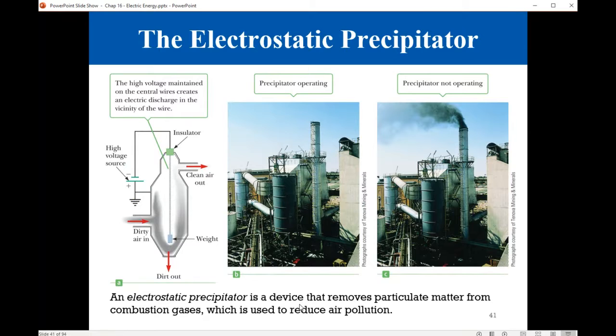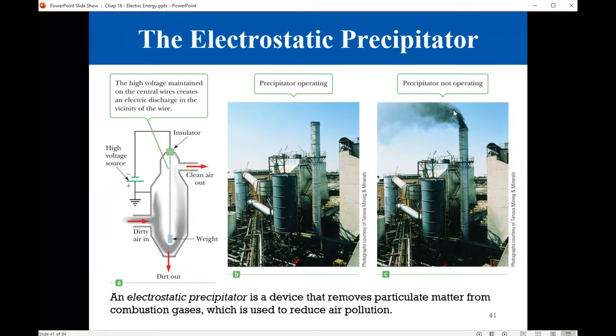One nice application of what we learned is the electrostatic precipitator. Here is a simple design where we use high voltage. We have in this design a setup with this wire connected to high voltage, something like 40,000 volts. The idea here is to reduce the pollution to the environment.